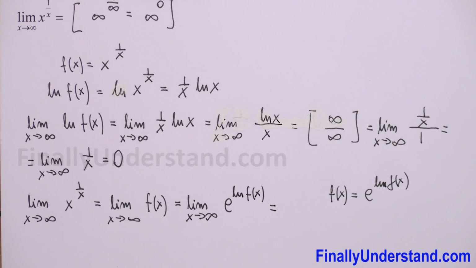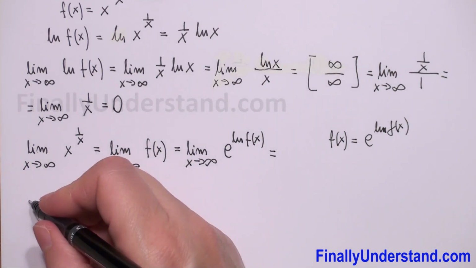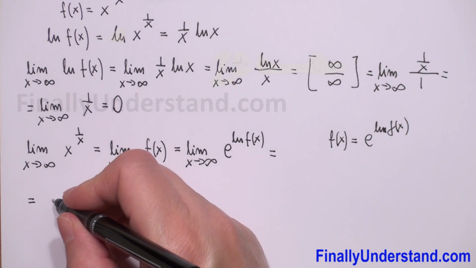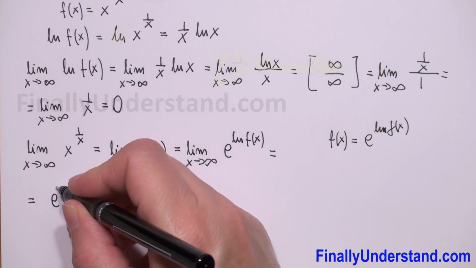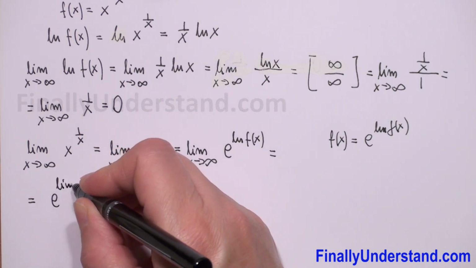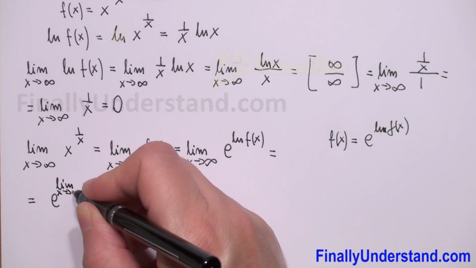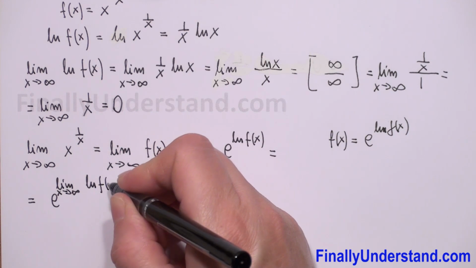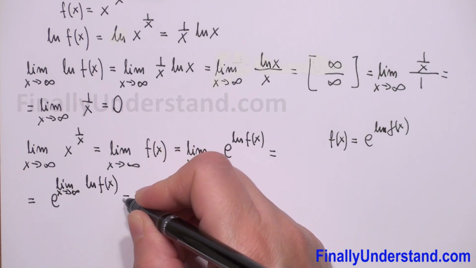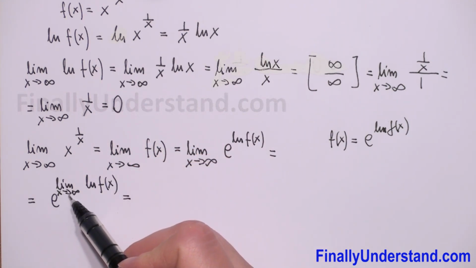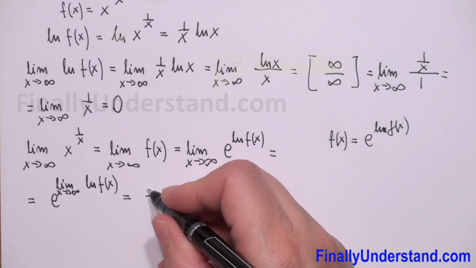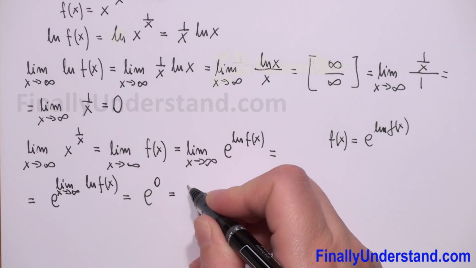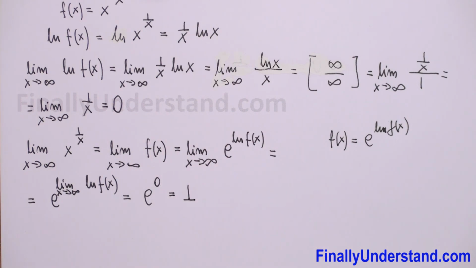This is equal, from properties of limits, to e to power the limit as x approaches infinity of natural log of f of x. We just found this limit, so we have e to power 0. This is equal to 1. This is my solution.